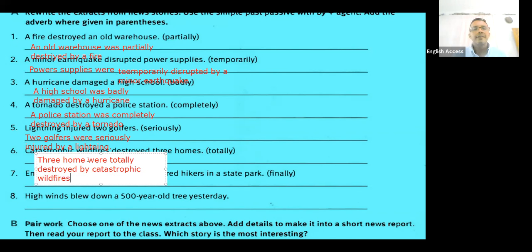Totally sounds a little bit more British. If you want to use British English, it's fine.